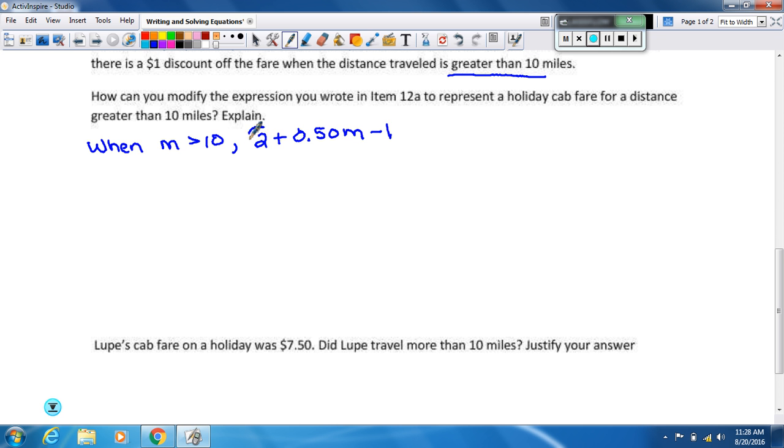Now at this point, I hope you can see that the numbers, not the m, but the actual numbers, the constants, you can take care of those and combine them. $2, and you're going to take $1 away. So that really means you're only going to pay $1 plus 50 cents per mile. So that is the new expression. That's how you can modify the expression. And when we stipulated that m is greater than 10, we were explaining why we were doing that.